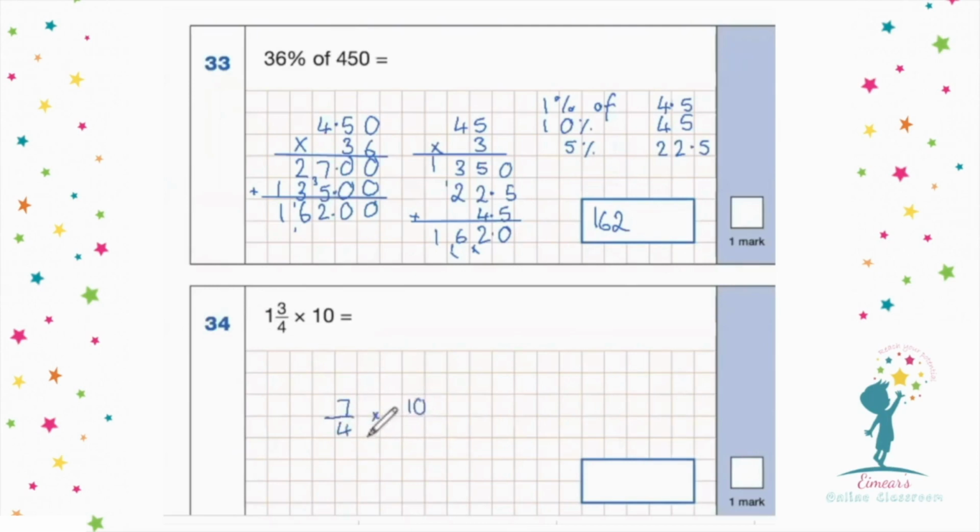So we're just going to multiply the numerator. So that becomes 70 over 4. Can we simplify that? We can divide both of them by 2, so that becomes 35 over 2, but we can't take that down any further. So our answer is 35 over 2.